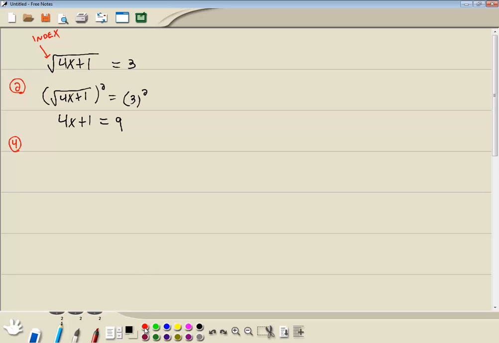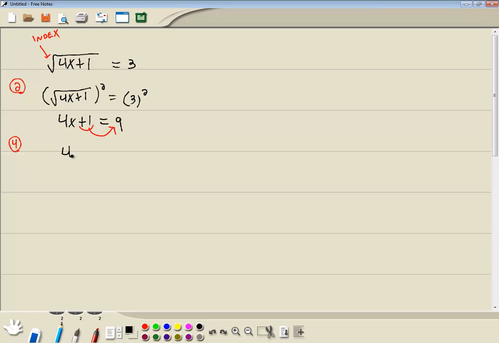Now, 4 steps. First step said to get rid of parentheses. Don't have any. By the way, it's linear because it's x to the first power. Our second step is to get rid of fractions. Don't have any. Third step is to get everything with an x on one side, numbers on the other side. I'm talking about terms.